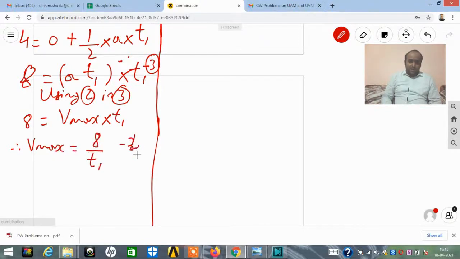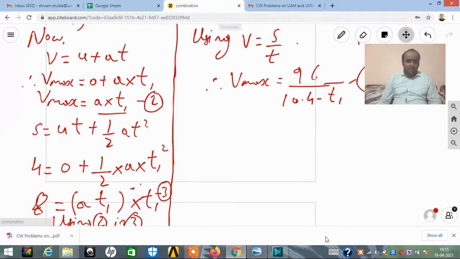Friends, if you check equation number 1 and 4, there should be something going through your minds. Now we can straight away equate equation number 1 and equation number 4.